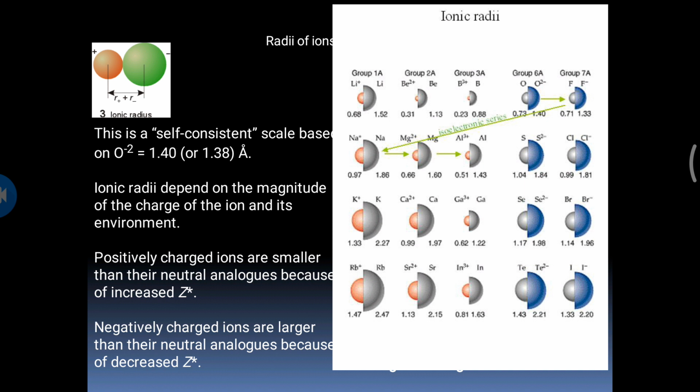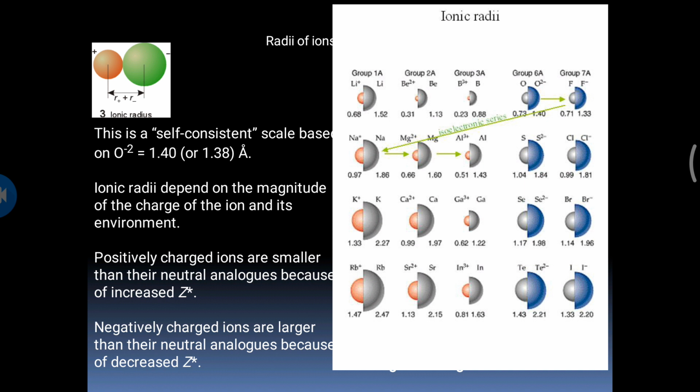In the second group, barium: in neutral form its atomic radius is 1.13, and when it loses 2 electrons to form a barium 2 plus ion, its radius decreases to 0.31. Similarly for others.